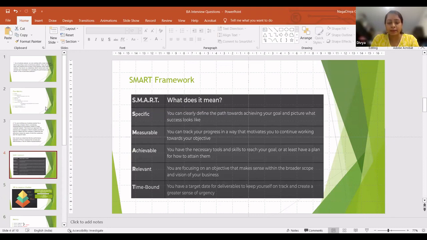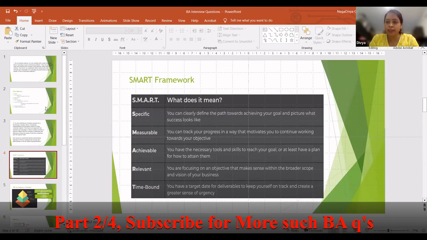And then relevant. It means that whatever problem the business has stated, the goal should be in such a way that it is relevant to the business problem that has been given. And the next is time bound. Time bound means you should have specific timelines for the deliverables.